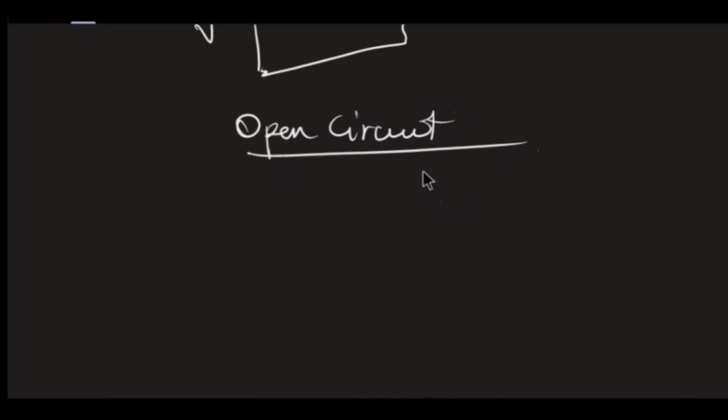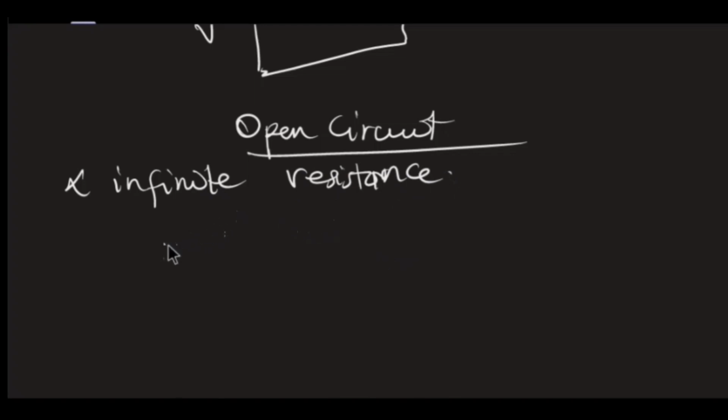Now let's look at open circuit. What is an open circuit? An open circuit is infinite resistance. Whenever there is an air gap in an electrical network, we say there is infinite resistance and current cannot cross this level.